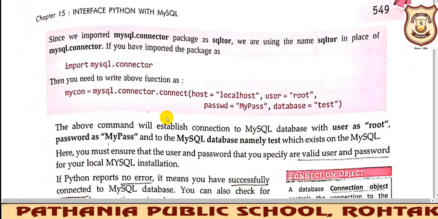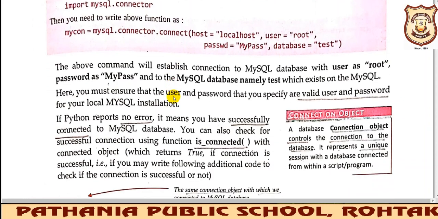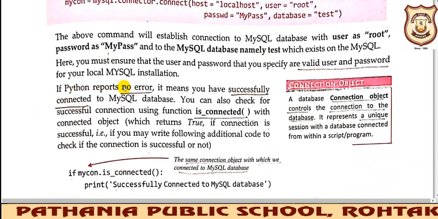Once your connect function is executed, and the database and password are right, the host is localhost and the user is root, meaning once these four parameters are okay, the connection will be established successfully, and there will be no error. If Python reports no error, it means you have successfully connected to your MySQL database.